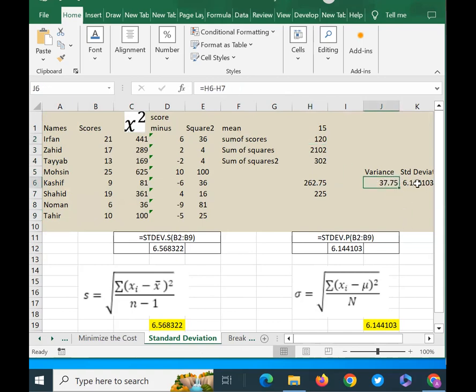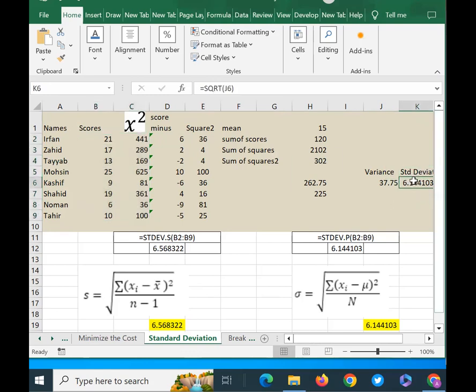And when the variance is put in the square root, you are going to get the standard deviation. So the 6.144 is telling you how far the numbers are from the mean. These are the steps which have to be taken if you do it manually.